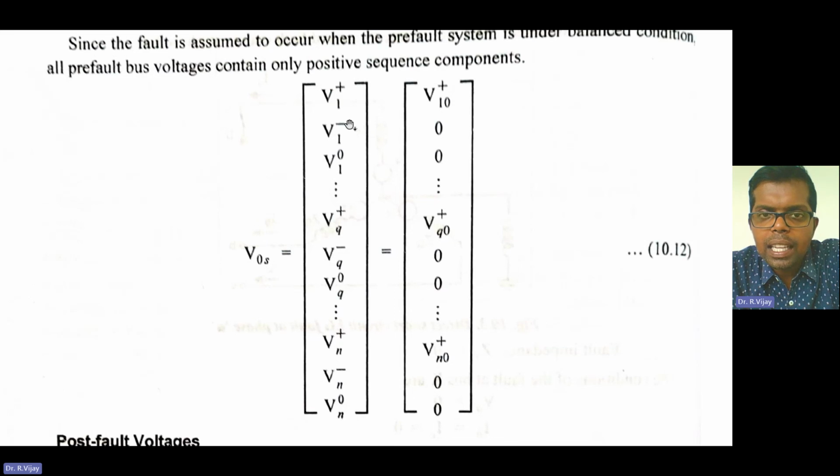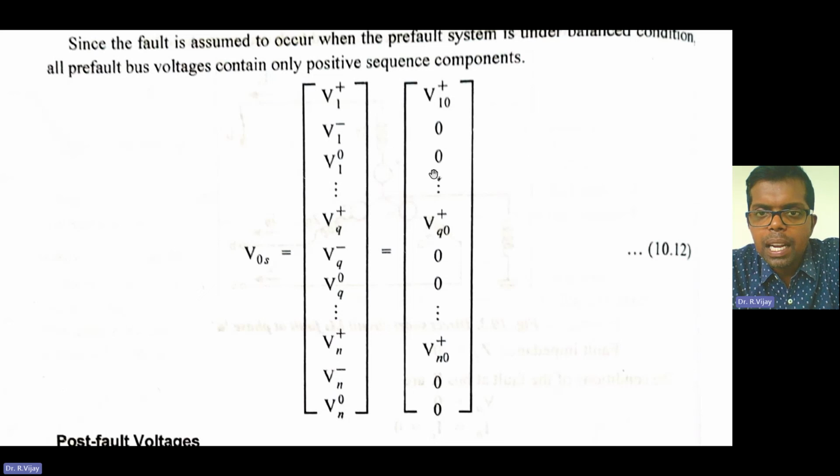Similarly, here you have V1 positive, that is voltage 1 positive. Here V1 negative will be 0, and V1 0 sequence also will be 0.